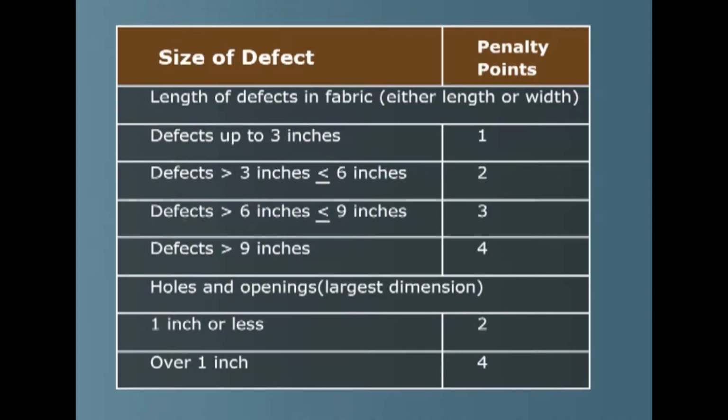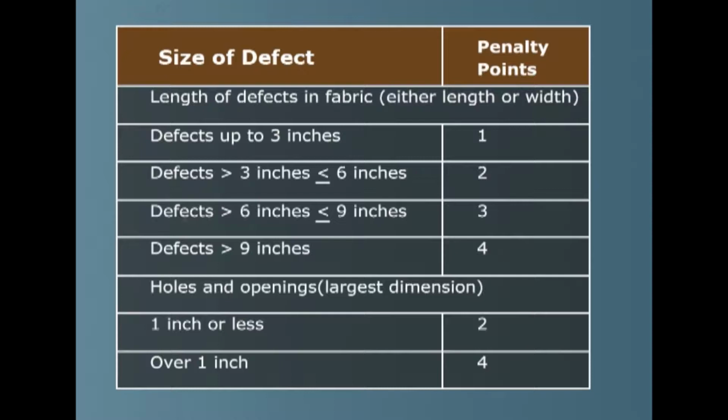The criteria followed for giving penalty points are based on the size of the defect. If the length of the defect in the fabric, either length or width, is up to 3 inches, a penalty point of 1 is given.